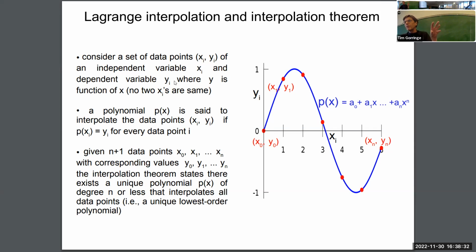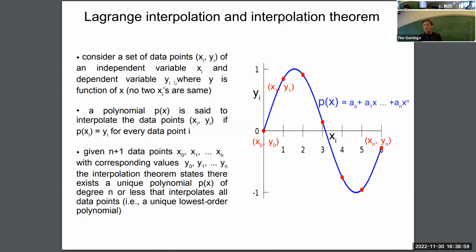For this particular interpolation theorem, we're going to consider that there are no repeated values of the independent variables. So none of the xi's have the same value. Therefore, none of the yi's have the same value. They're all different points of xi's and yi's.